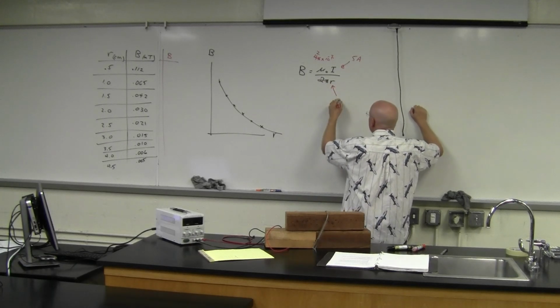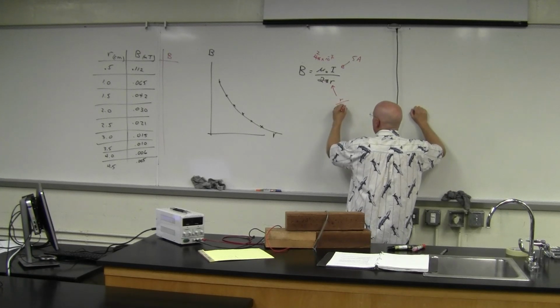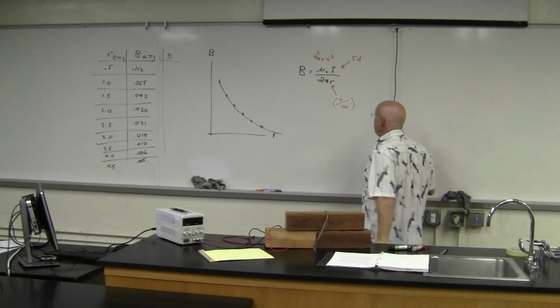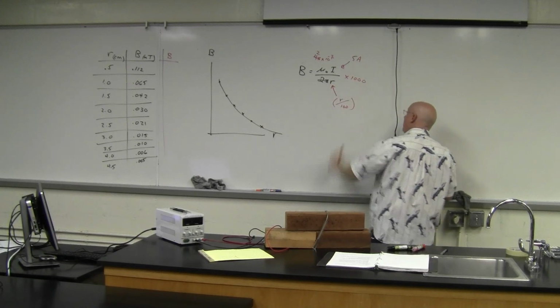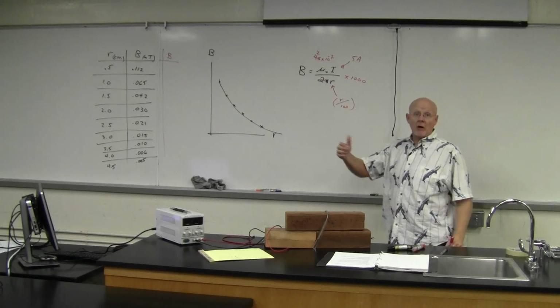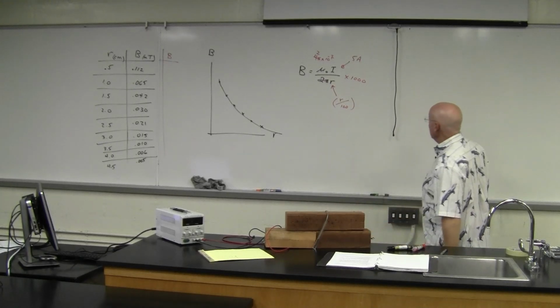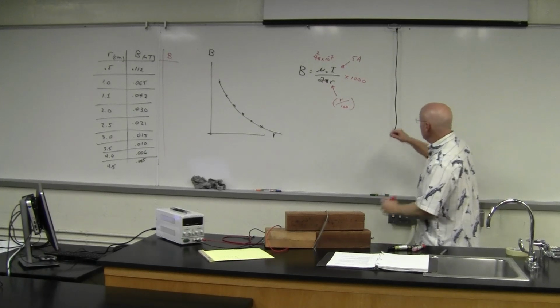Take that column and divide it by, so R divided by 100 would be the formula you would want to put in there. And then likewise, you would also want to put in that times 1,000 in order to get the field in milliteslas.